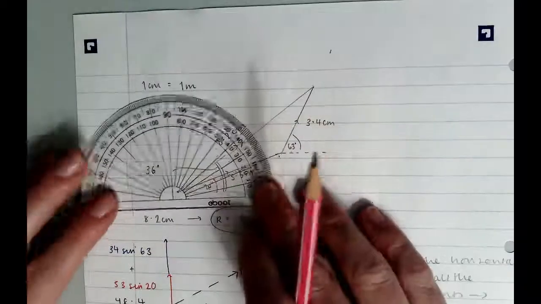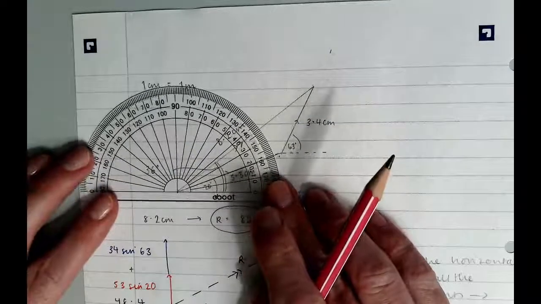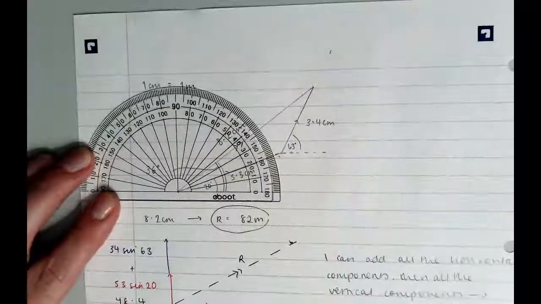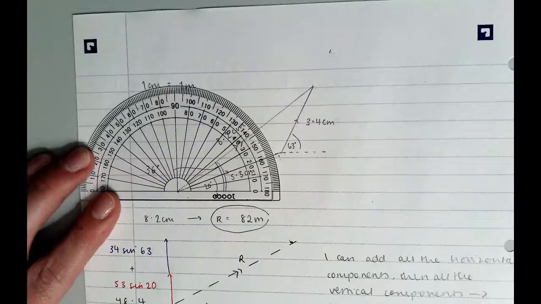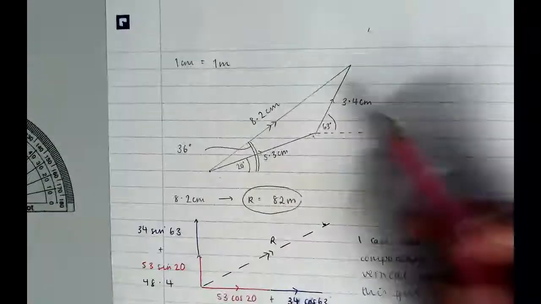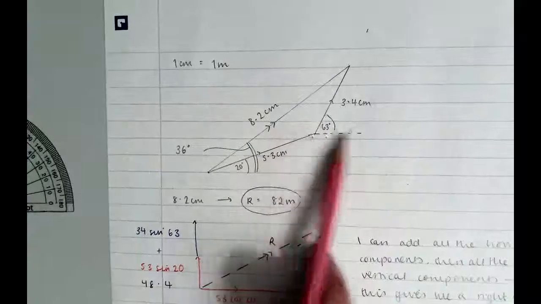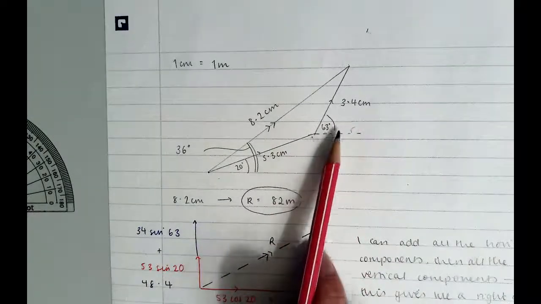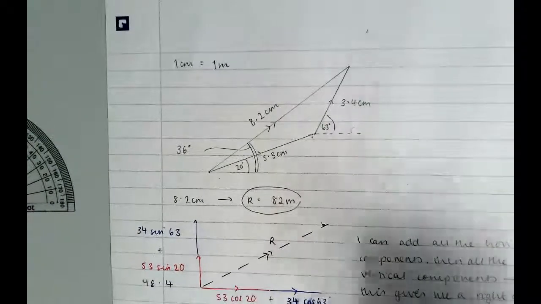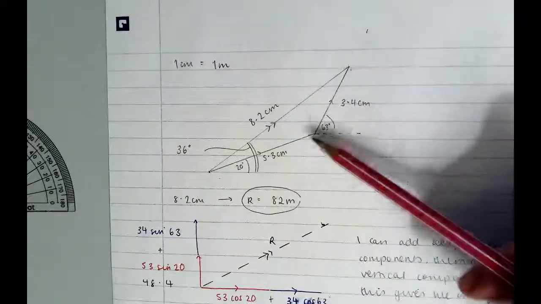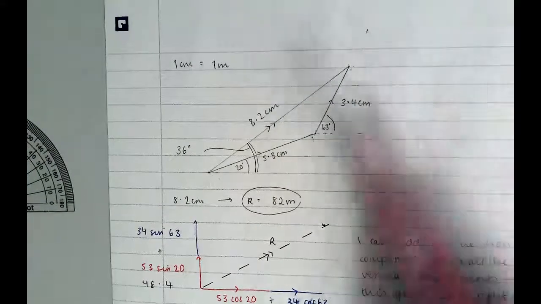It really matters that you get these angles correct. So please, please, please make sure that you're getting a protractor from my desk if you don't have one. At the end point of this vector, I then drew a new horizontal line so that I could measure my next angle, which was 63 degrees. 34 metres represented by 3.4 centimetres.